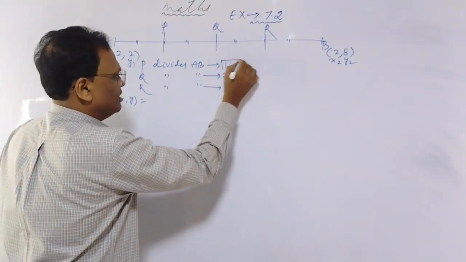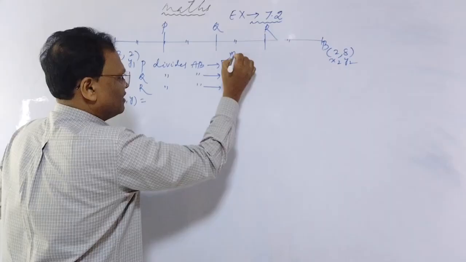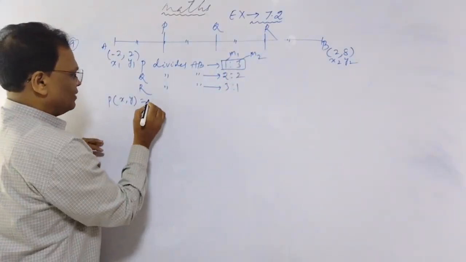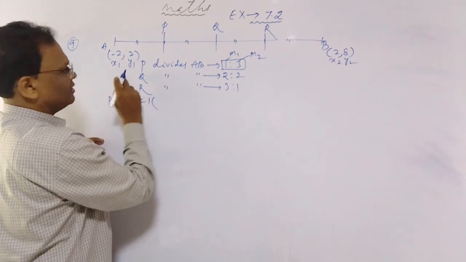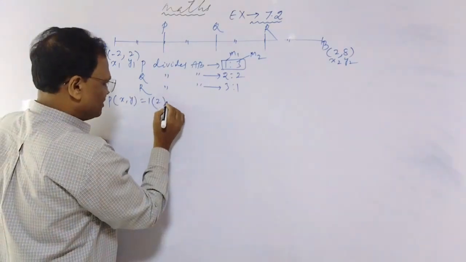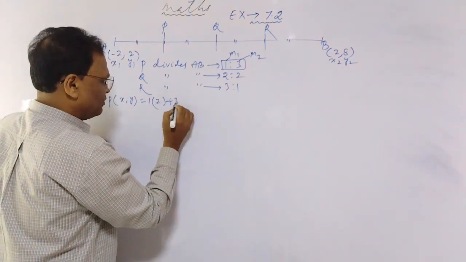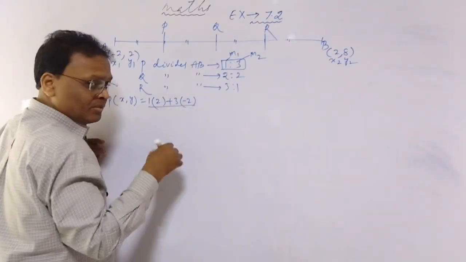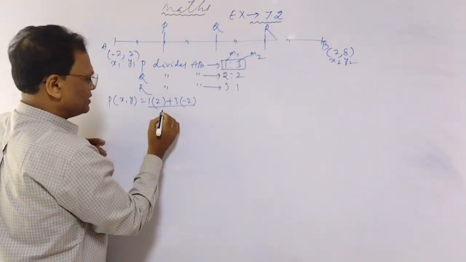In the first case, this is m1 and this is m2. What is x2? x2 is 2. m1 plus m2 means 1 plus 3.